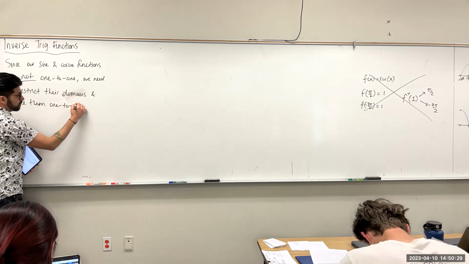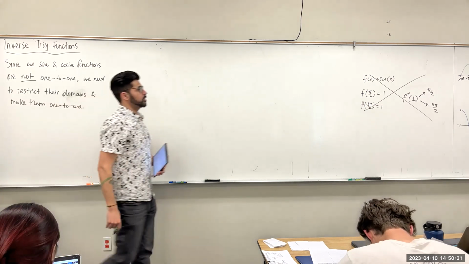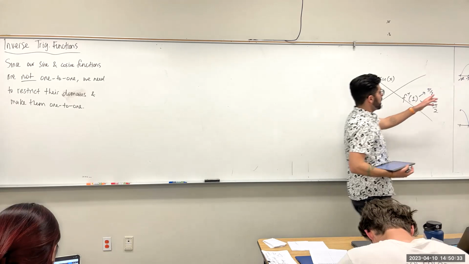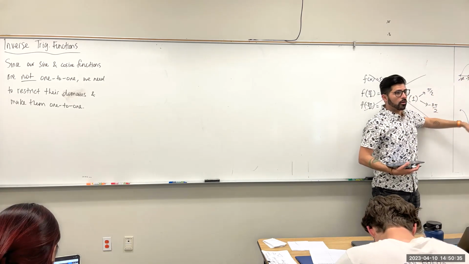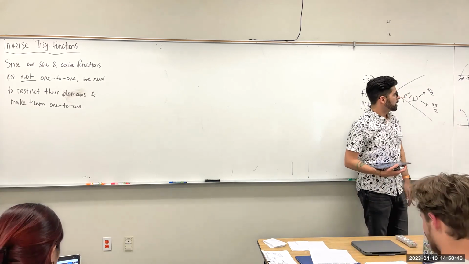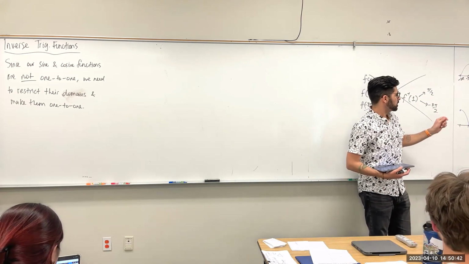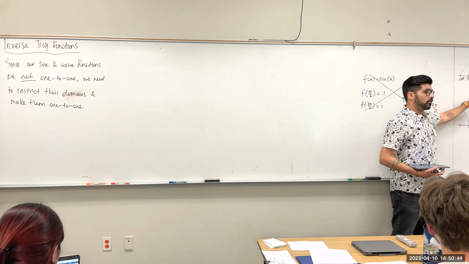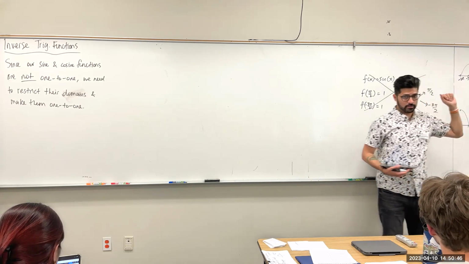We have to restrict the domain, meaning right now, the domains that we've been using are all real numbers, all the angles. We've been able to plug in any angle I want. Now, I don't want to do that. I'm going to restrict it strategically so that it passes the horizontal line test. Okay?